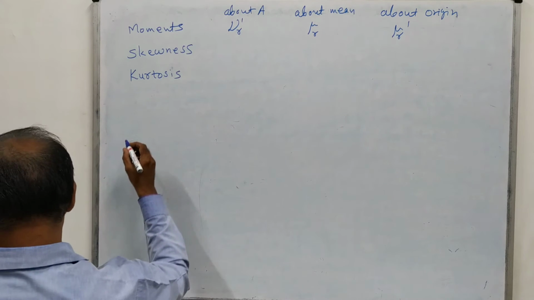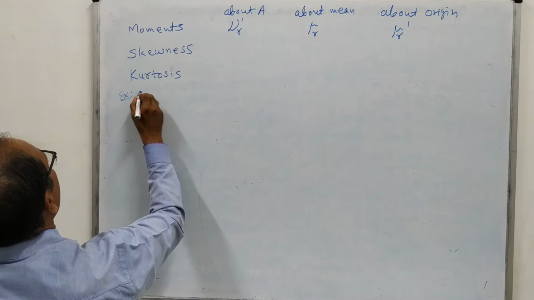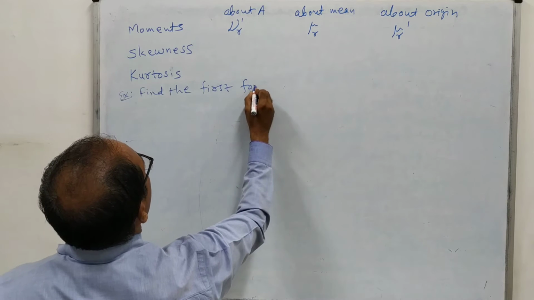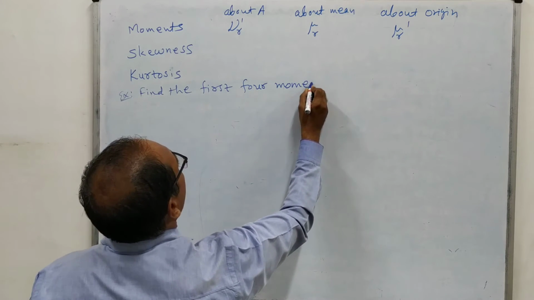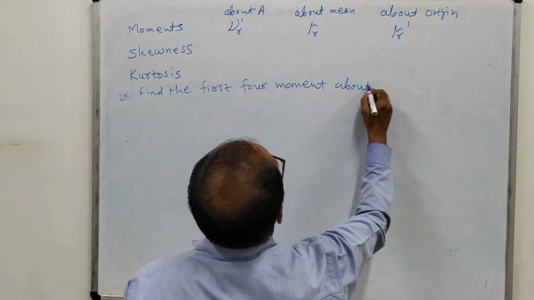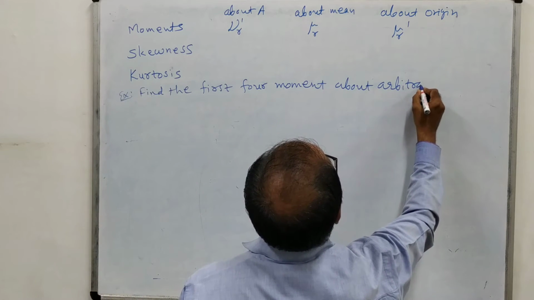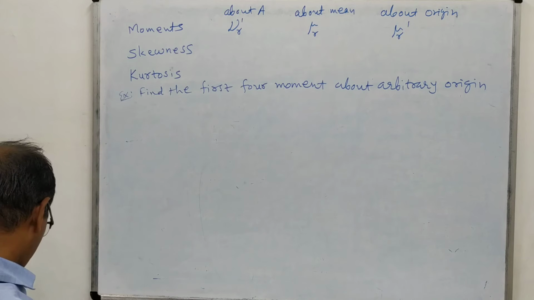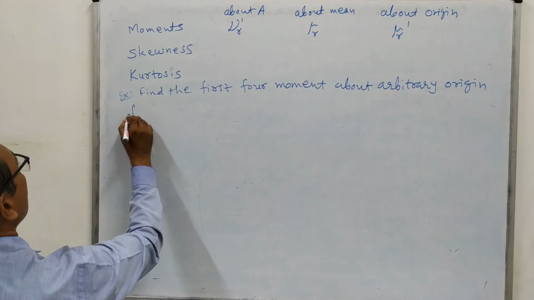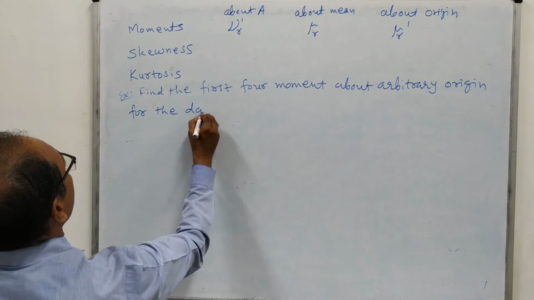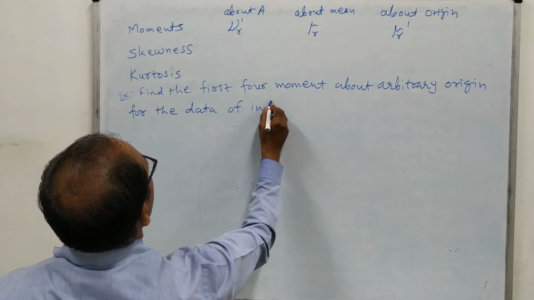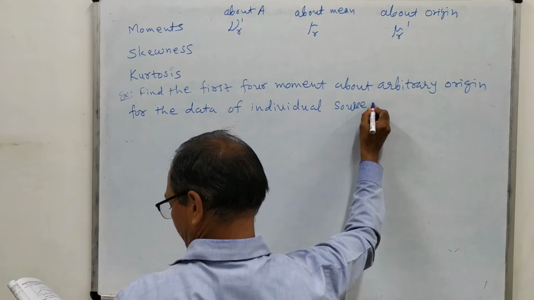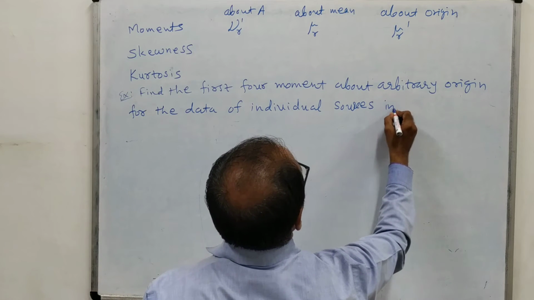Find the first 4 moments about arbitrary origin for the data of individual scores in a cricket tournament.